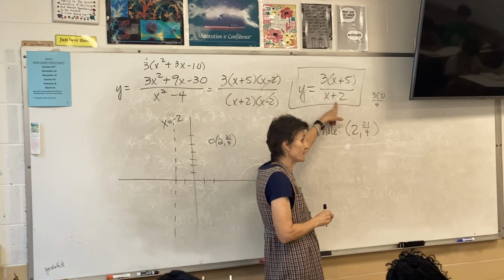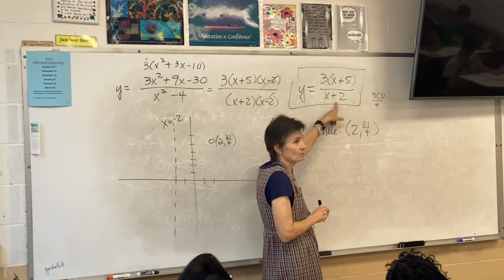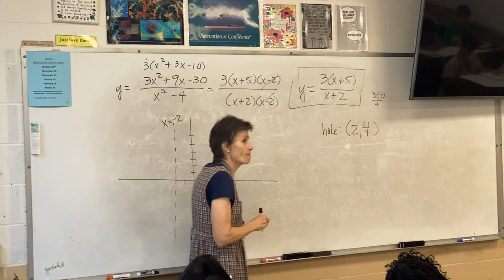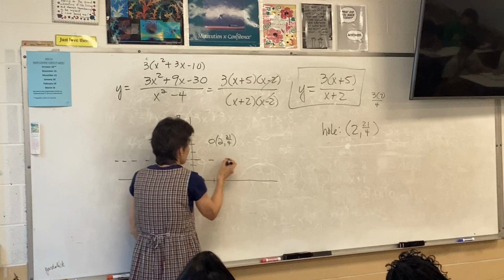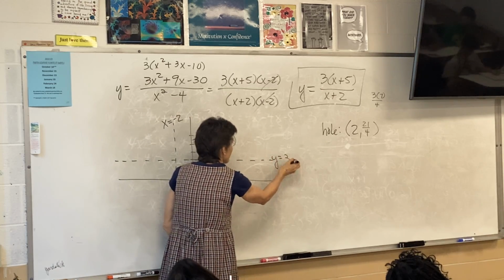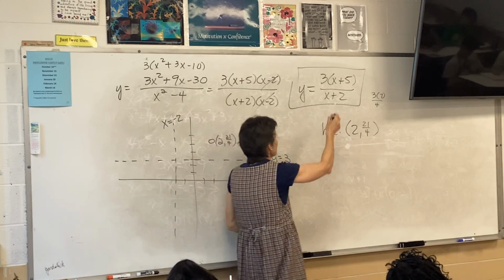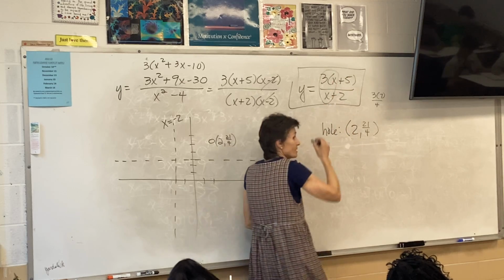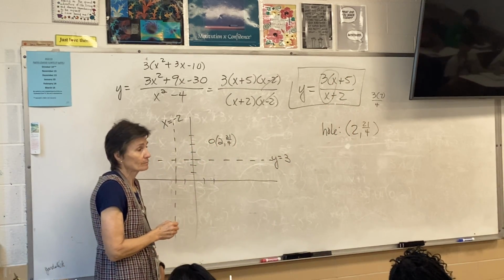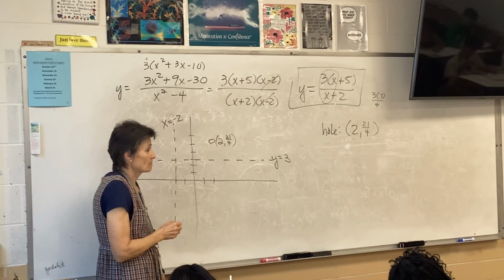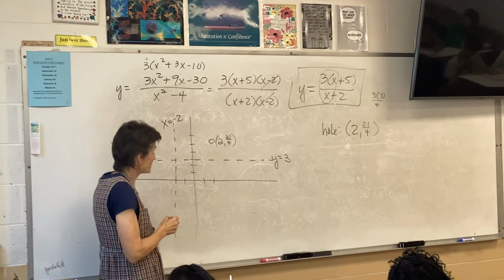Jake? Horizontal asymptote, y equals 3. Y equals 3 is my horizontal asymptote, because we get that by looking at our powers of x here, boxing it in. 3x over x. Good. What else?